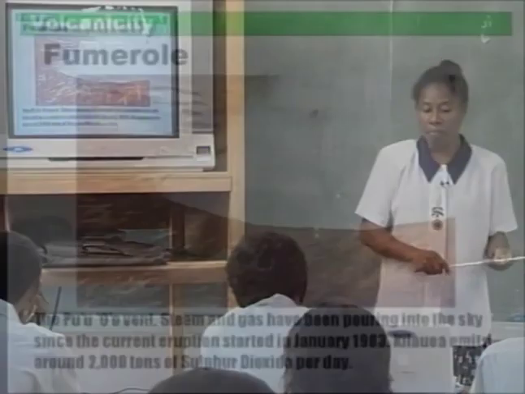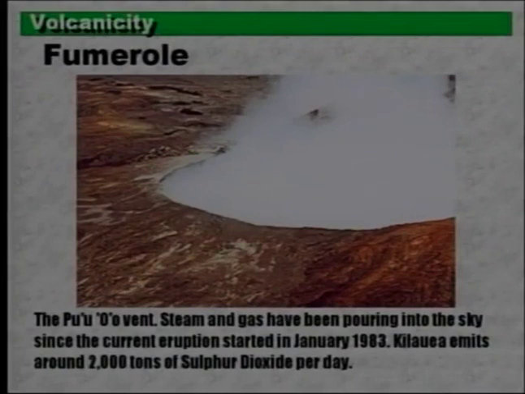If you look at the example in the diagram given there, we have the Pu'u 'Ō'ō vent, and here we have steam and gas which have been pouring into the sky since the current eruption started in January 1983.